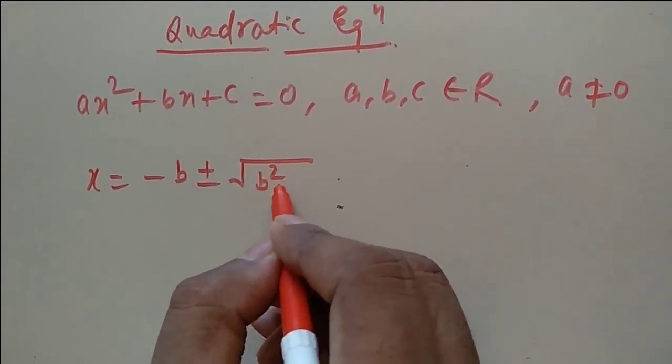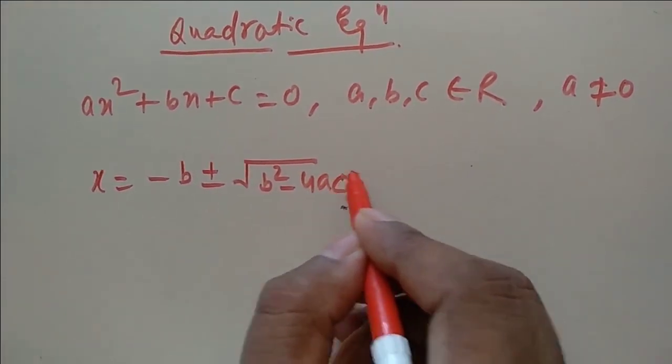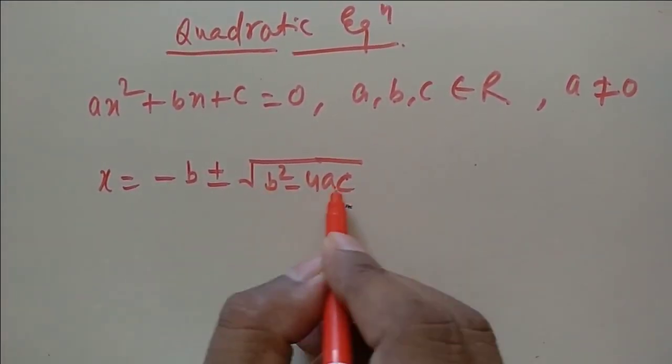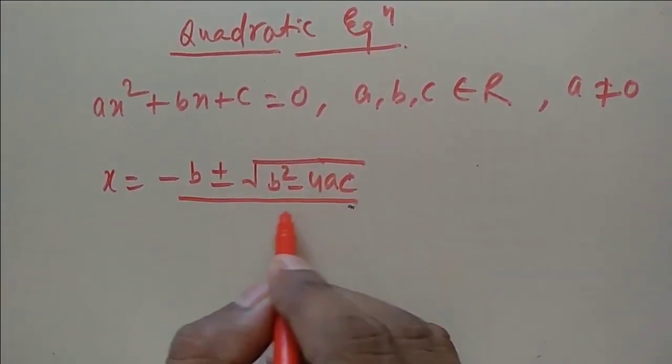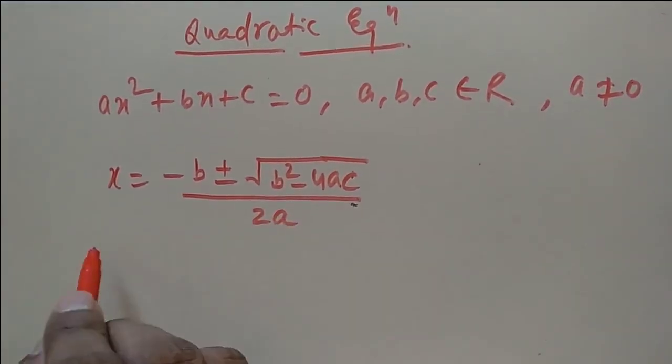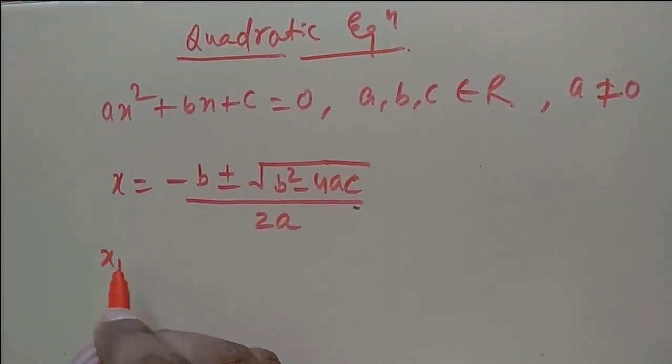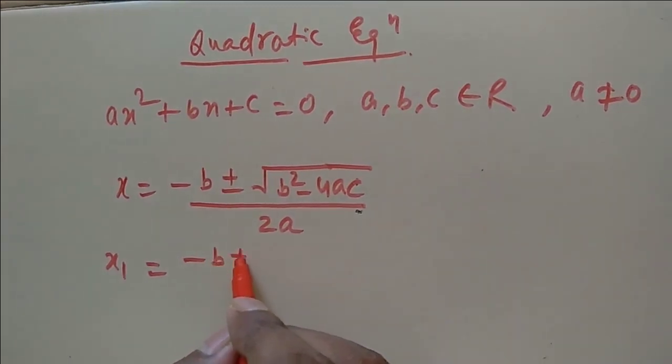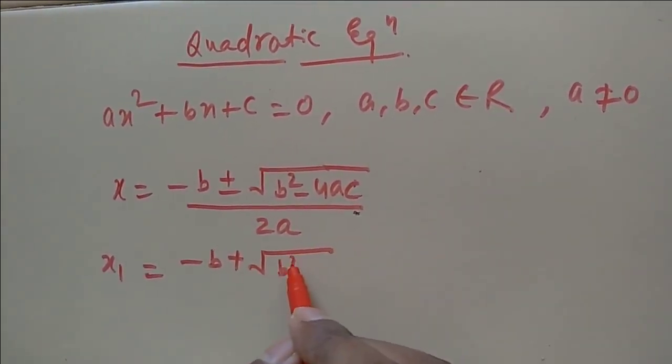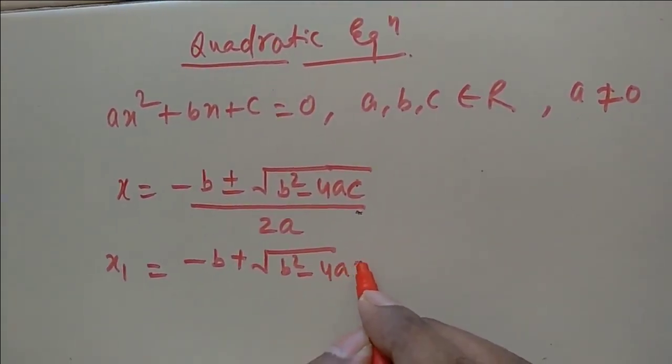Now I take the discussion back to the core concept, that x equals minus b plus minus under root b square minus 4ac, if it is possible. Now we are coming into the domain of possibilities. If it is possible, then it will give you two values.